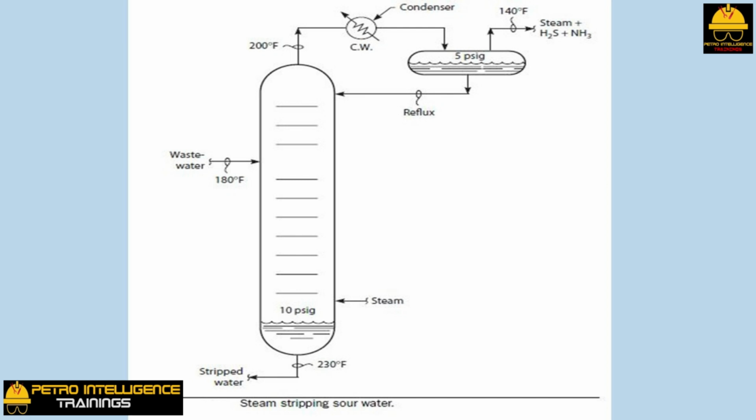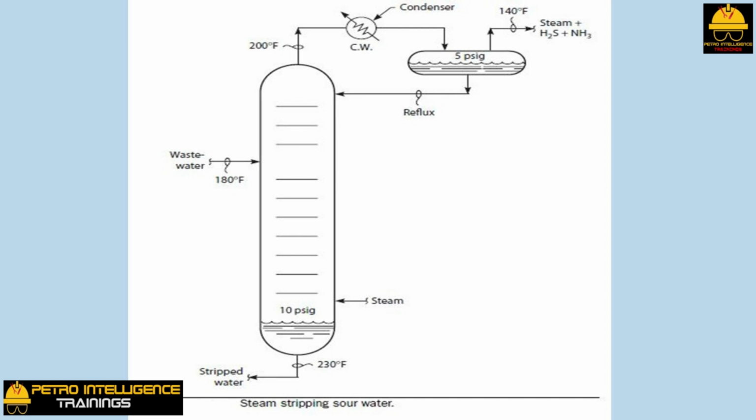The 140 degrees Fahrenheit reflux drum temperature, as shown in picture, is the dew point of the vapors leaving the reflux drum. Almost always, we would like to minimize this particular temperature. The lower the reflux drum temperature, the smaller the amount of steam in the off-gas.